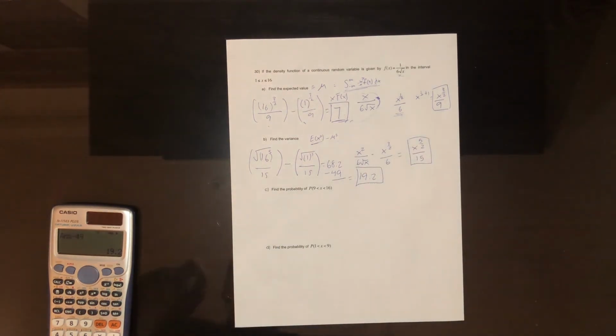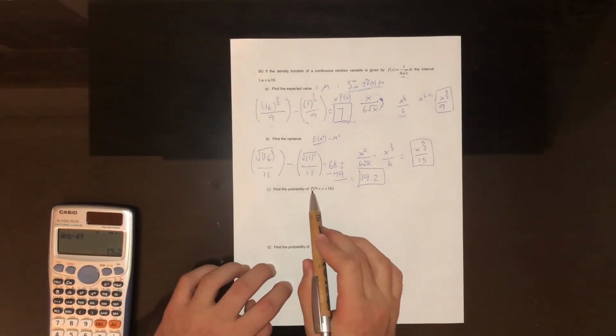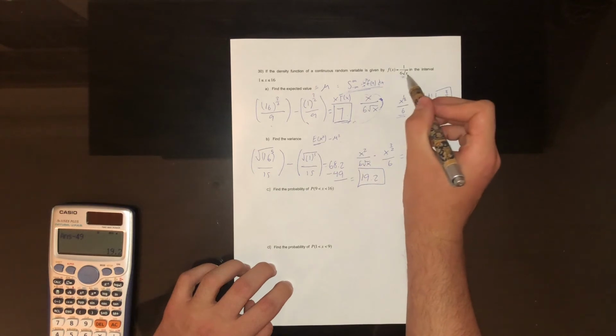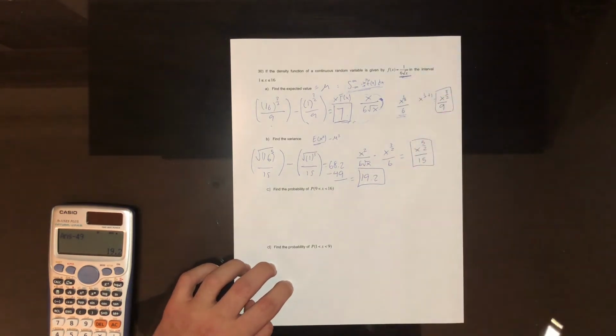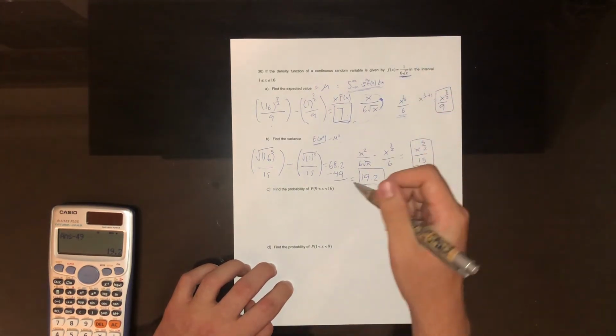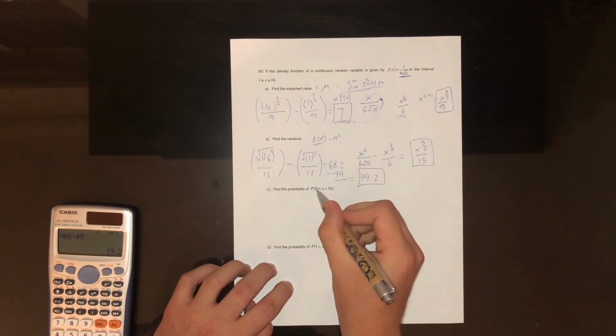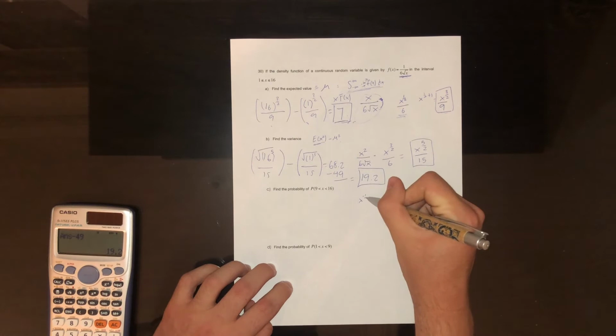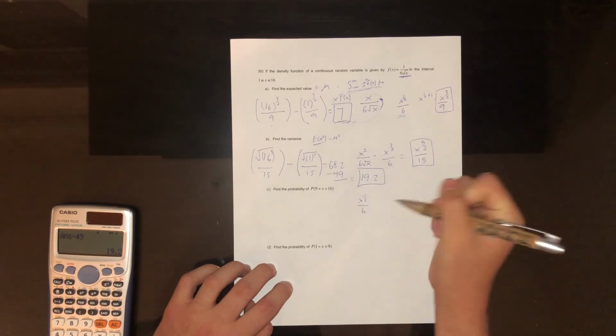Now, to find the probability between 9 and 16, what we need to do is find the integral, but only of this function without multiplying it by anything, and then evaluate it with these two numbers. So this is the function.